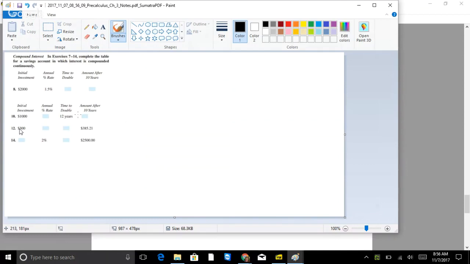All right, so let's figure out the rate first. So again, A equals Pe to the rt. We know that the amount after 10 years is $385.21, that our principal is $300, and we don't know our rate, but we do know our time.